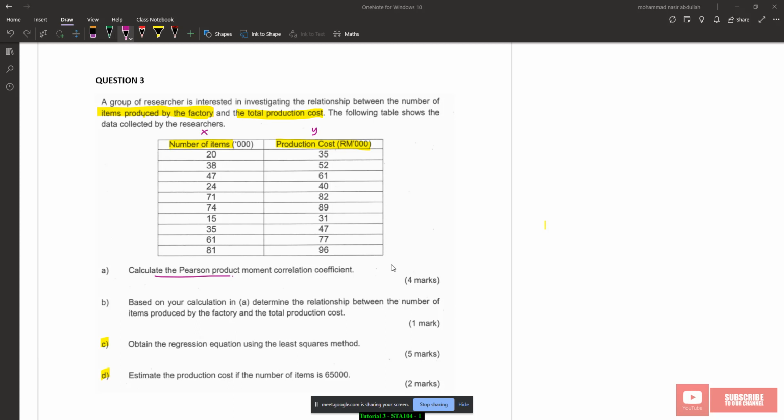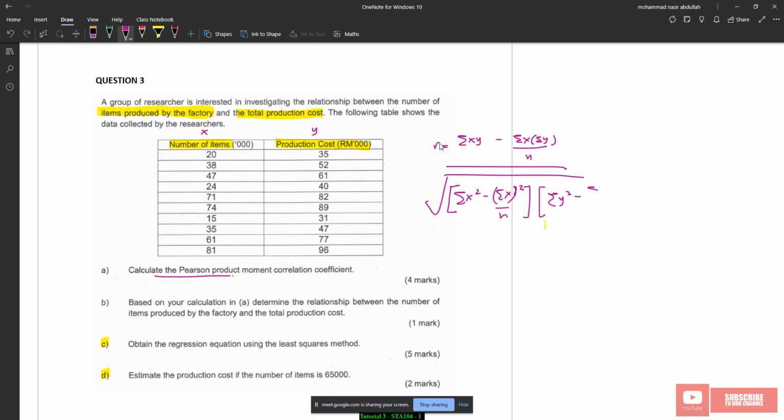So now calculate the Pearson product moment correlation coefficient. So R is equal to summation of xy minus summation of x multiplied with summation of y divided by n, everything divided by square root of, you just copy the formula from earlier.